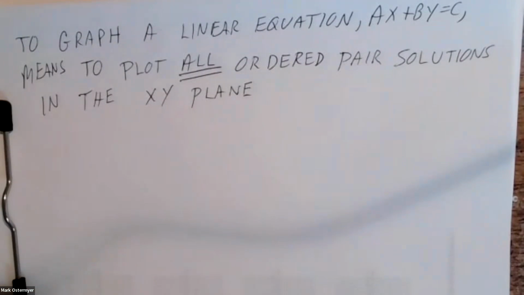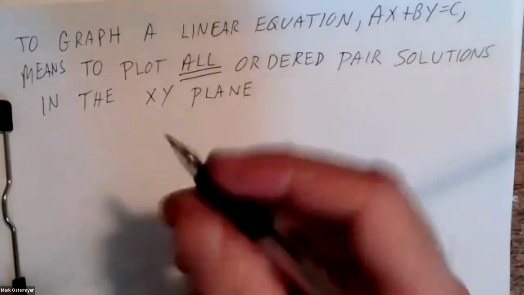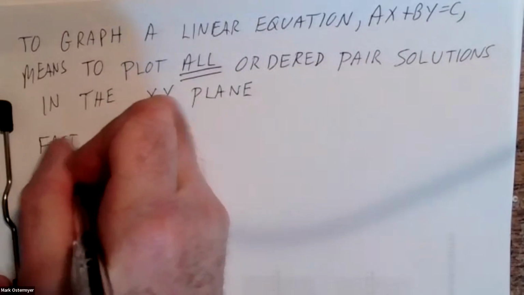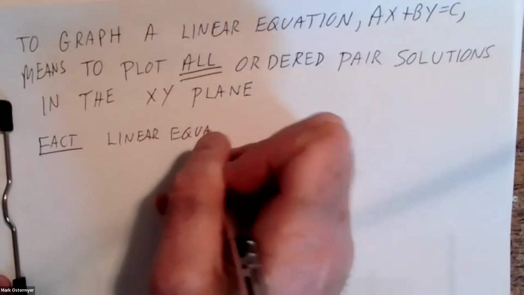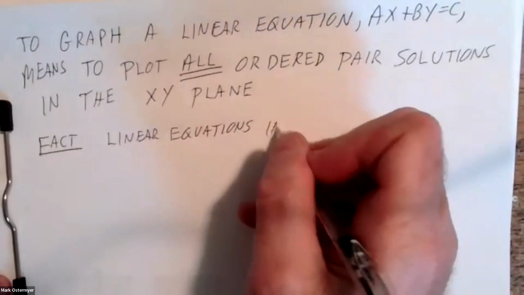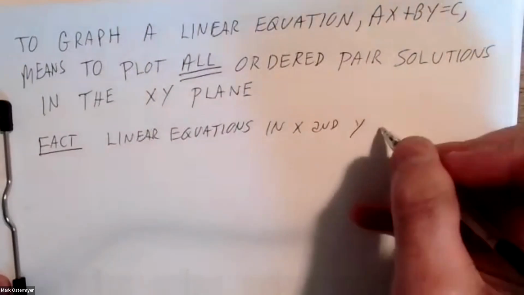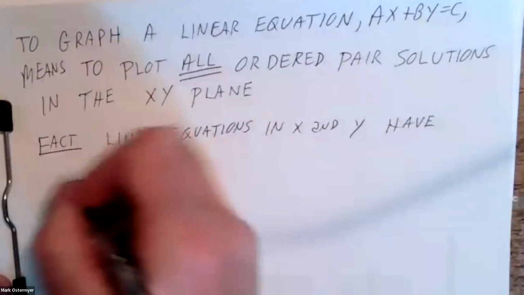Well, okay. So that brings us to the question again. How many ordered pair solutions do these linear equations have? How many? I'll let you in on a little secret, ladies and gentlemen. Linear equations in X and Y have, you ready for this?